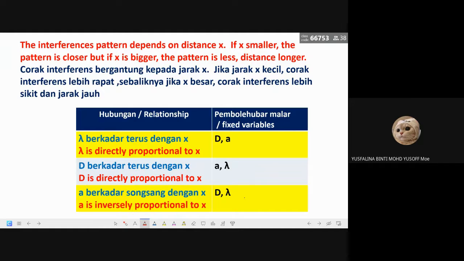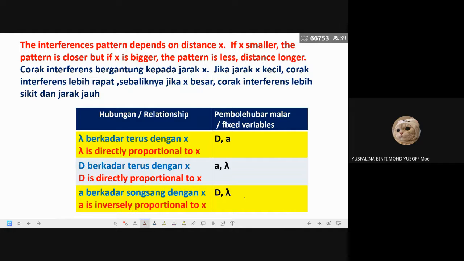If lambda is directly proportional to X, then if you increase the lambda, your X also will increase, meaning the distance between two successive constructive or destructive interferences will be further. So the fixed variables are D and A.